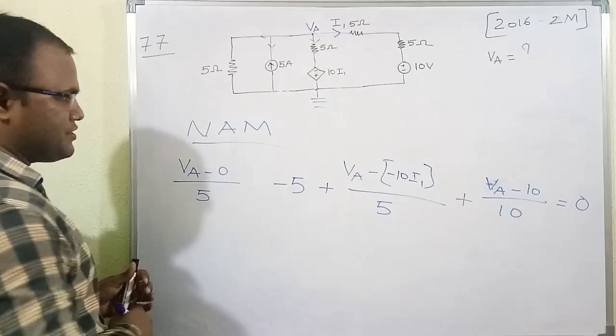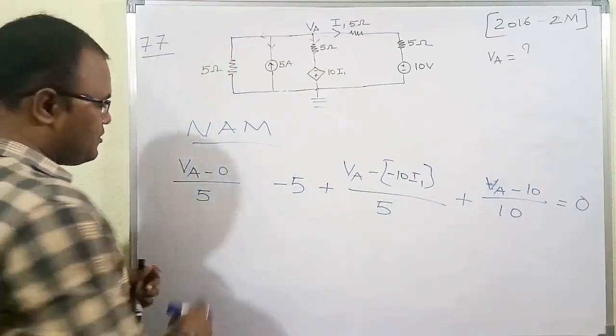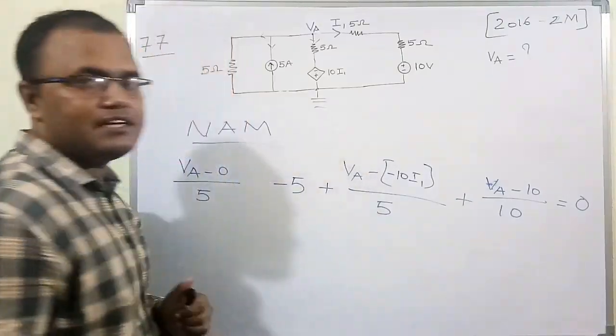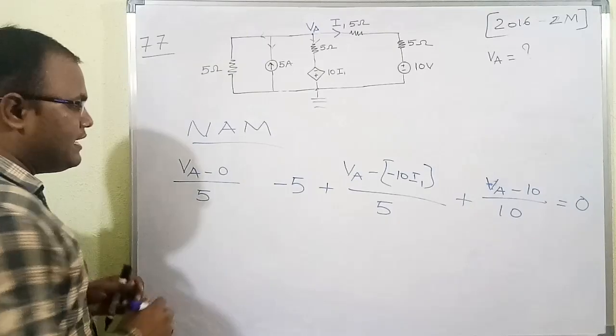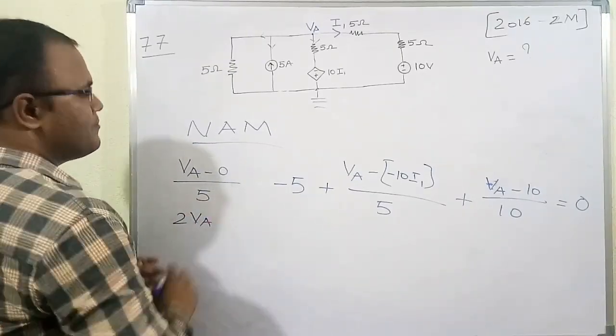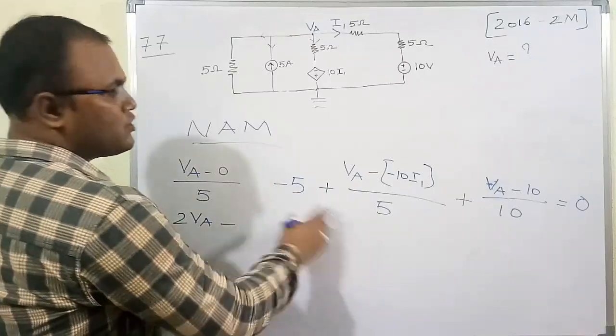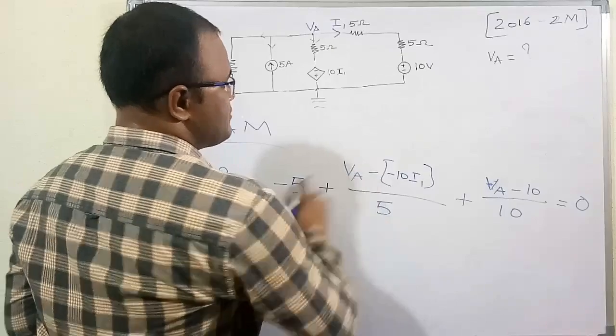If you do the simplification, let me take the LCM as 10, because the LCM of 5, 5, 10 is 10. So I have to multiply with respect to 10, so 2 Va, and this is 10 into 5 minus 50, and I need to multiply with 2.